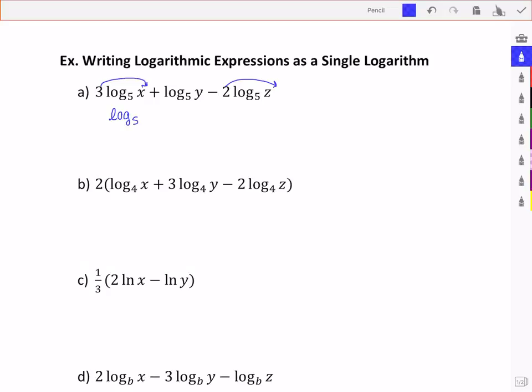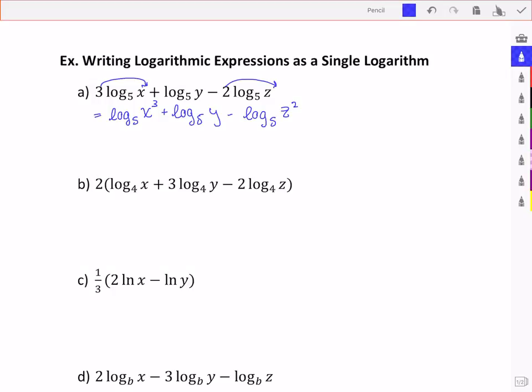So here I have log base 5 of x cubed plus log base 5 of y minus log base 5 of z squared. Next, I'll condense any that I can.